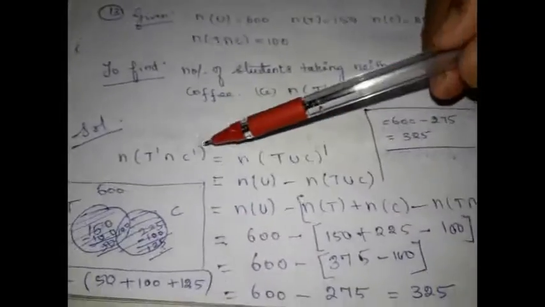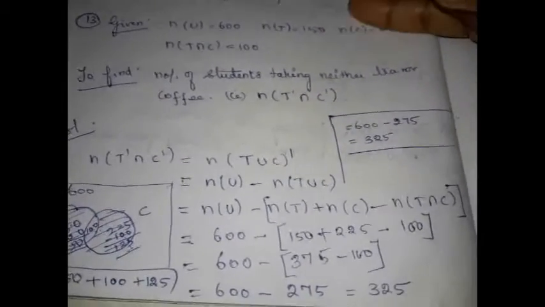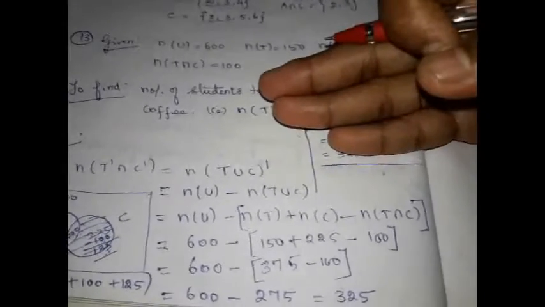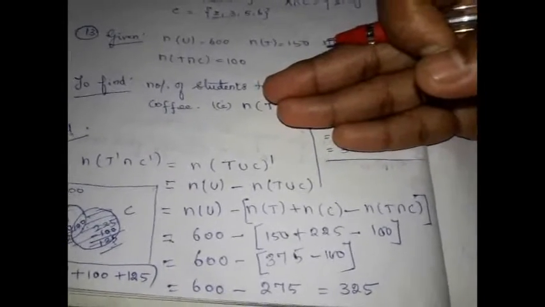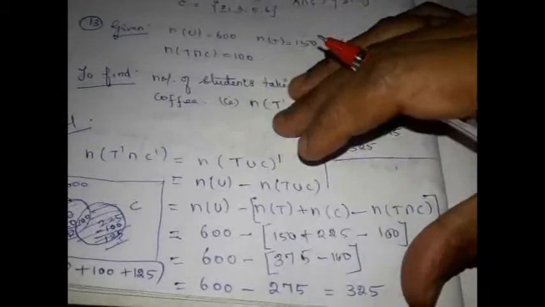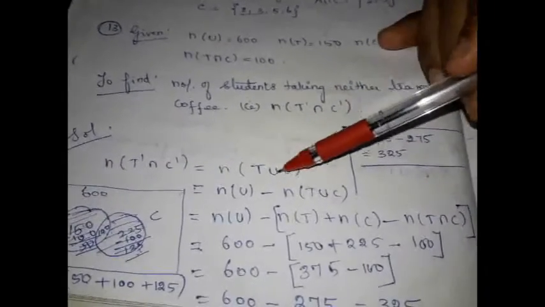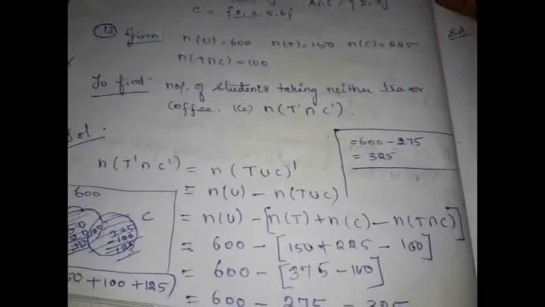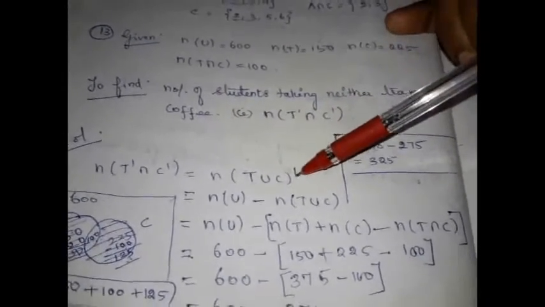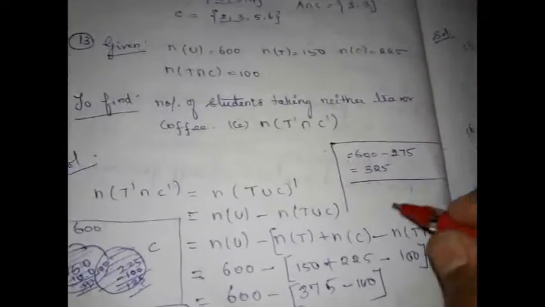Now T dash intersection C dash, you have to apply repeatedly. We will be using here De Morgan's law, then distributive law and the last 2 results about difference which I told you. So these 3 things only we will be repeatedly using while solving these problems. So T dash intersection C dash can be written as T union C the whole dash because you know De Morgan's law. Then the whole dash can be written as n of U minus n of T union C, because what is the definition of A dash?